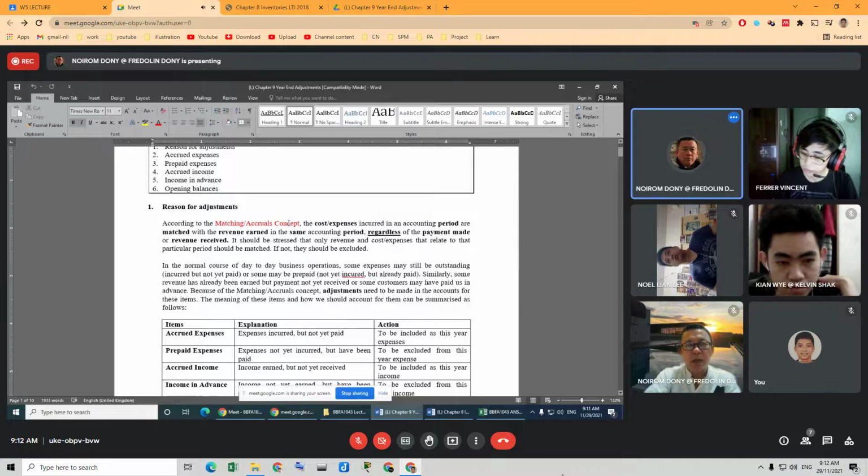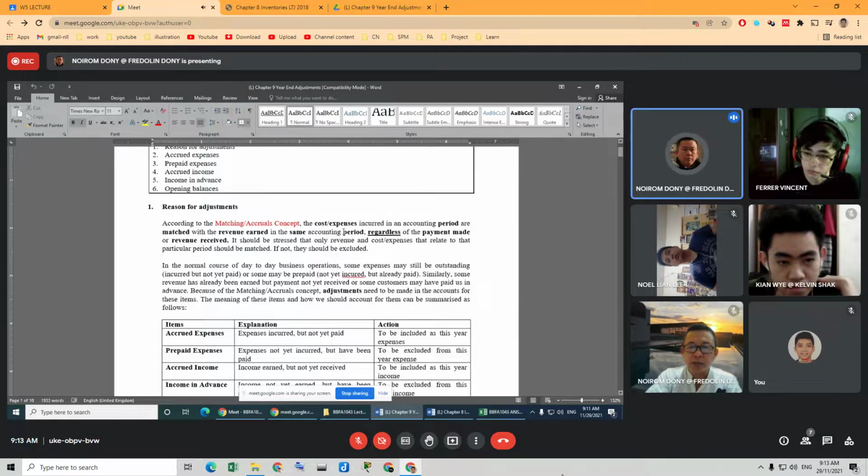Okay, meaning incurred expenses include paid and payable. Same goes with earned. Earned also includes received and receivable. So that's why that is giving us the method of recognizing the expenses and the revenue under the accrual concept.